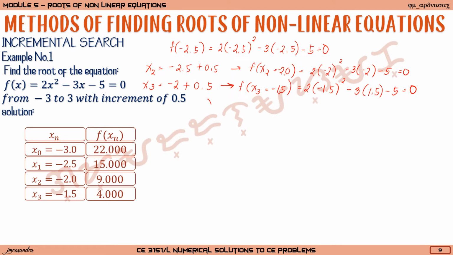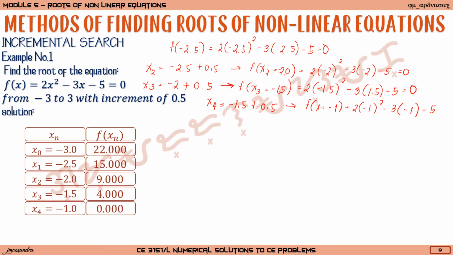Then we get x sub 4 is equal to -1.5 plus 0.5, that will give us -1. So substitute it, x is equal to -1. So 2 times (-1) squared minus 3 times (-1) minus 5 is now equal to 0.